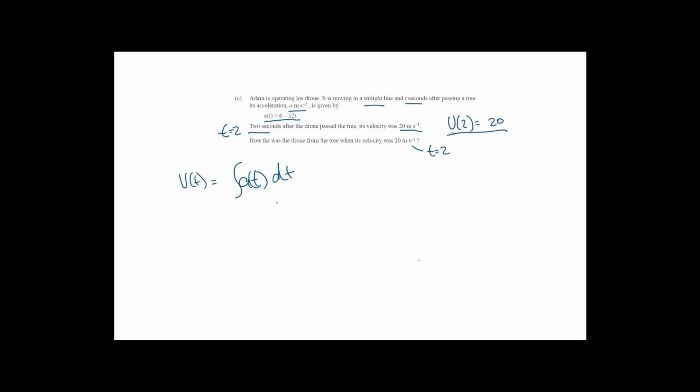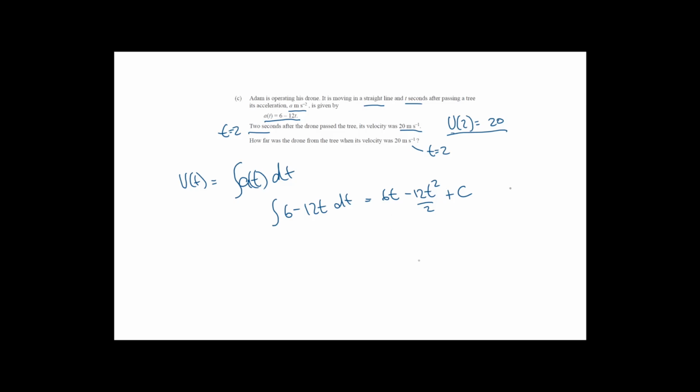So when we integrate 6 minus 12t with respect to t, we get 6t minus 12t squared over 2 plus c. We don't know what the c is, but we know one of the points, so we can find c.